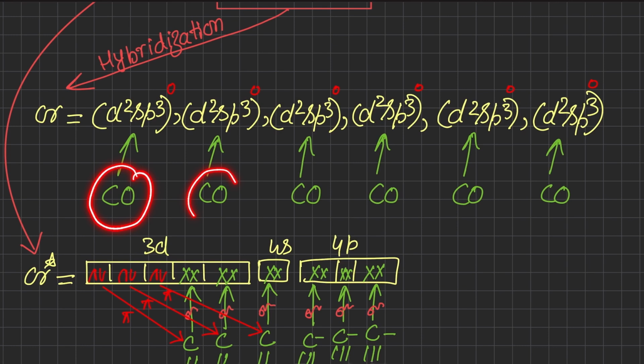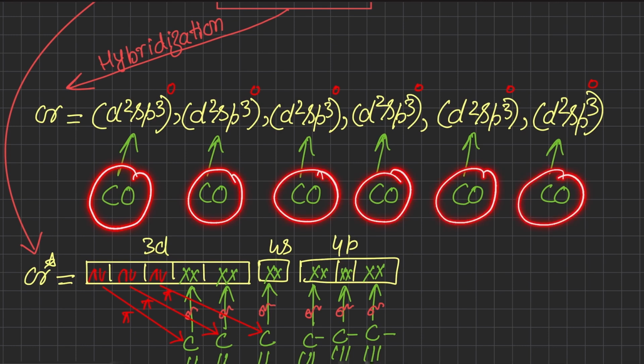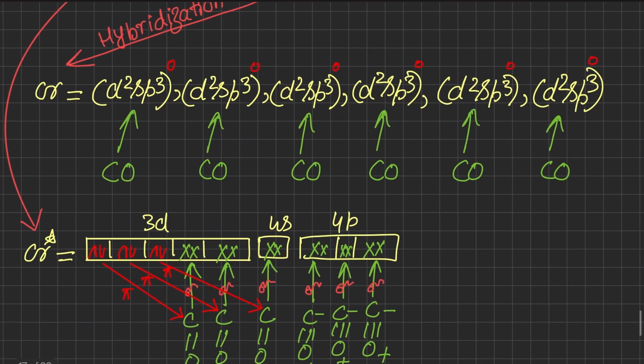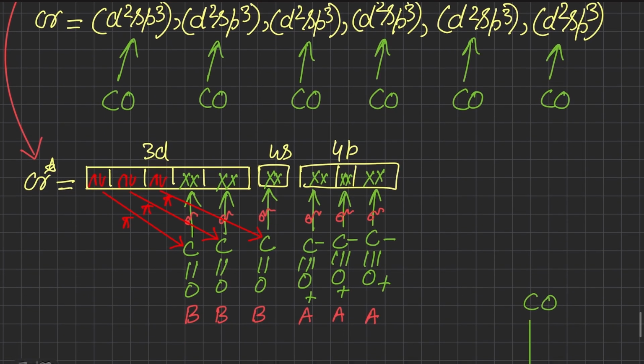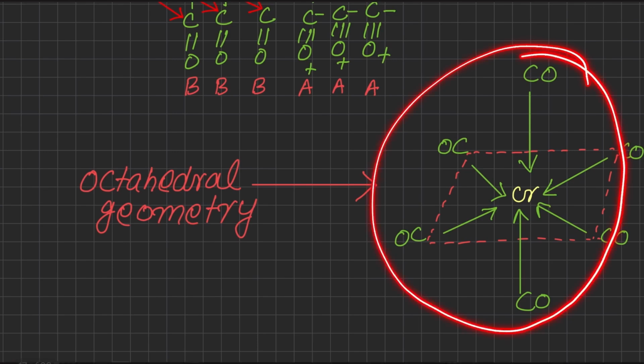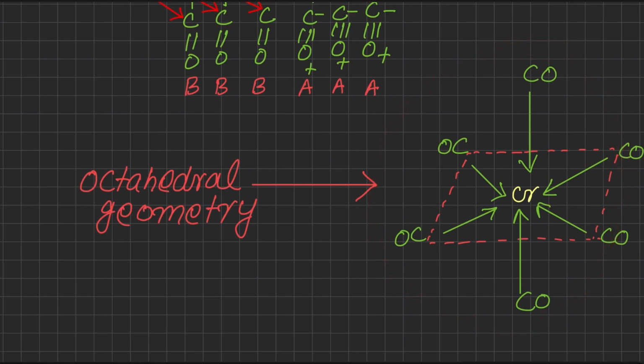So 6 carbonyls will be attached by donating their lone pairs towards these empty d2sp3 hybrid orbitals to form 6 coordinate covalent bonds. And we all know very well that the geometry of d2sp3 hybridization is octahedral, as shown in this diagram.